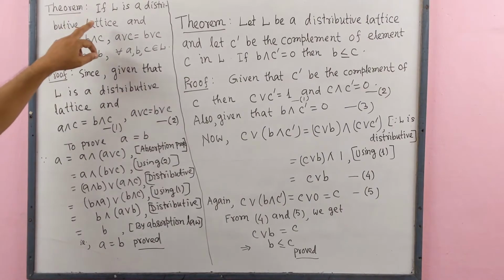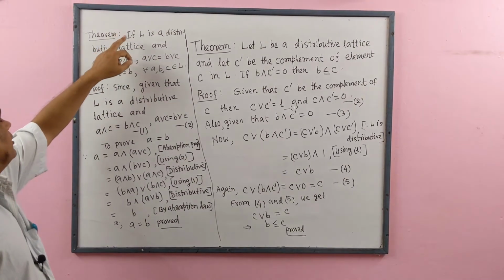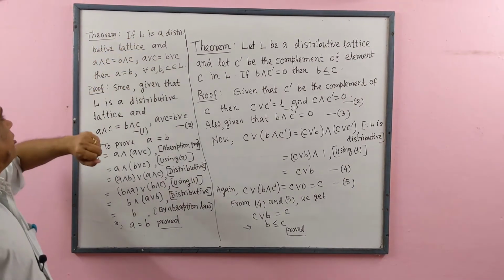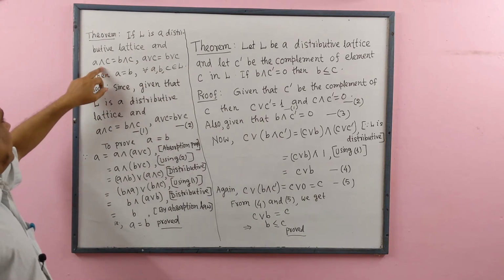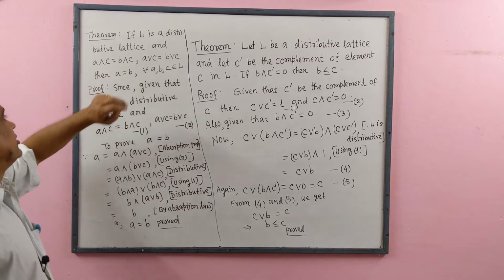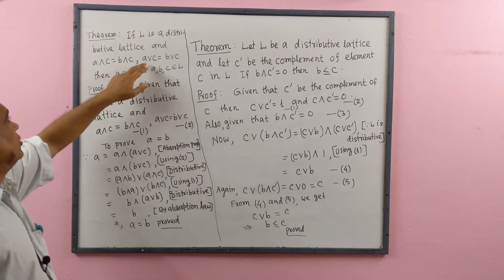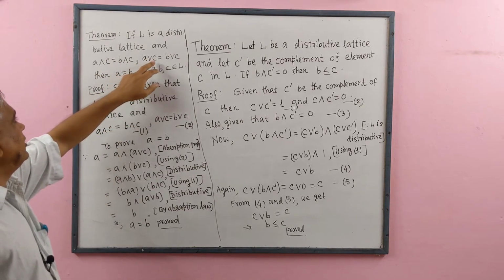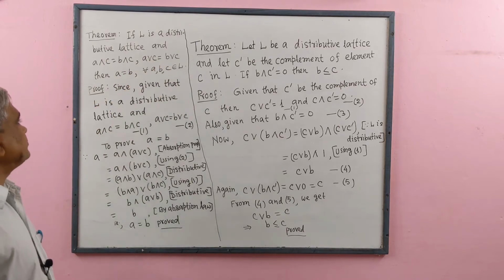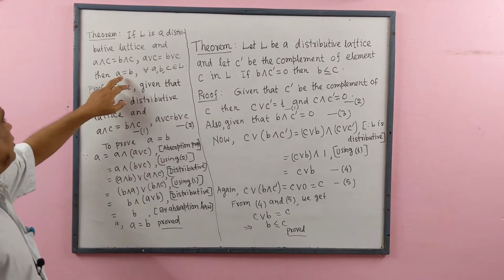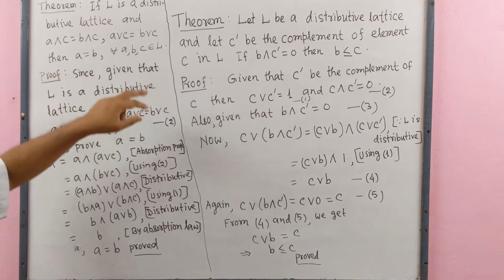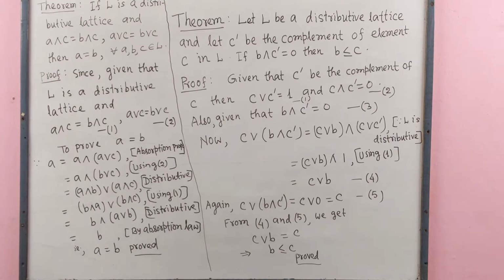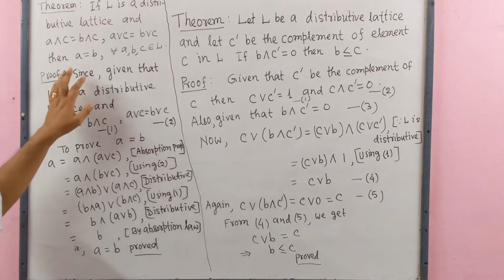Next theorem we prove: if L is a distributive lattice and A meet C equal to B meet C, also A join C equal to B join C, then A equal to B. We have to prove A equal to B for all A, B, C belong to L. Now prove.